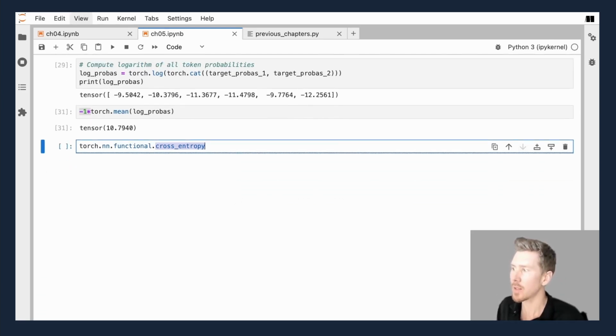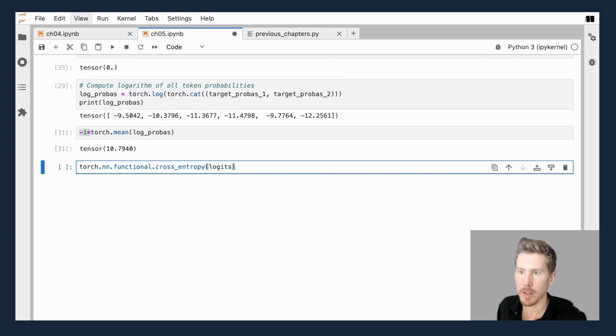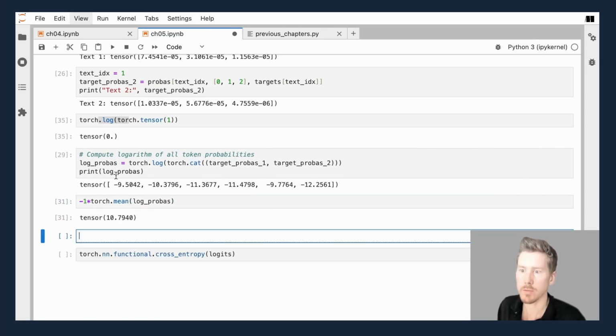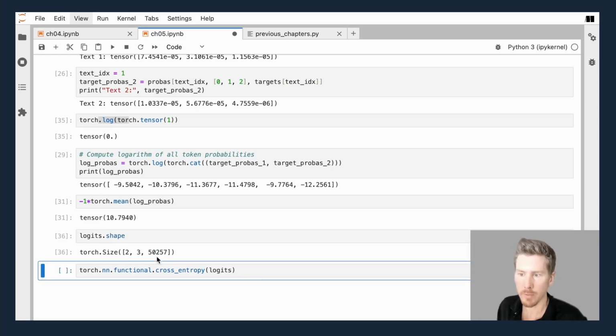Yeah, in PyTorch, we can also compute this. So there's one trick though. In PyTorch, it works with the logits directly. So we have to first flatten our logits. Our logits have shape 2, 3, 50,257.